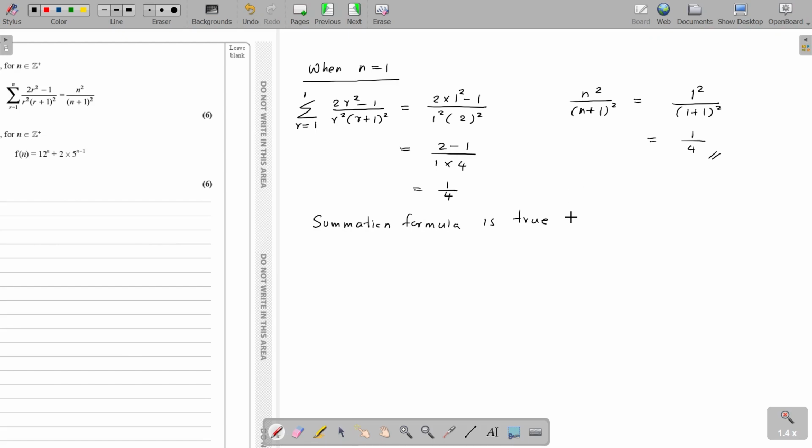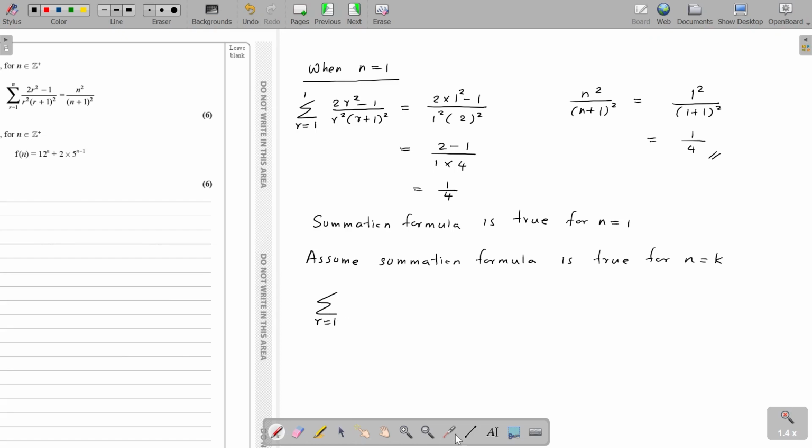Then next in proof by induction, what's the next step? The next step is where we assume, right? Assume the summation formula is true for what? For n equals k. So we'll take the summation formula for n equals k. So the summation of r from 1 to, instead of n, now we go to k.